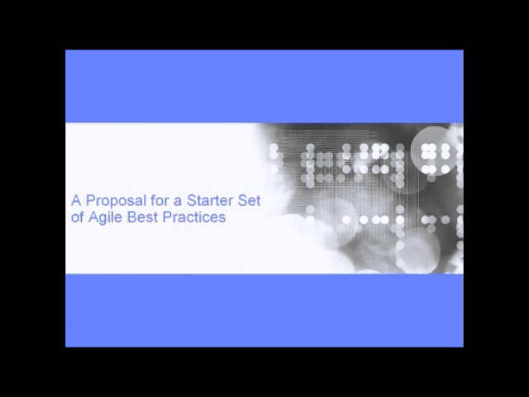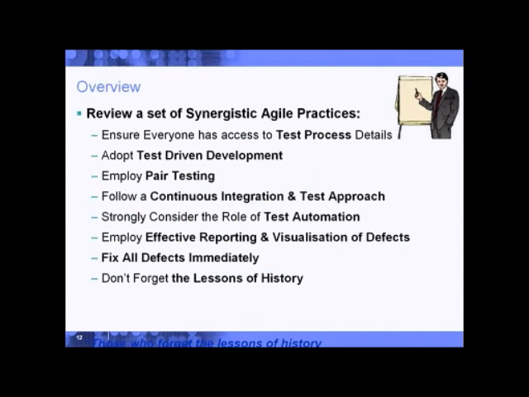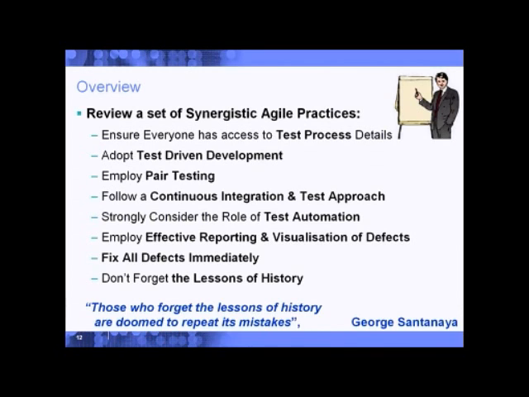And on that subject, let's focus in on looking at the starter set of best practices. As we've mentioned, these are kind of foundation Agile best practices distilled out of the things that people were doing successfully on their projects. I can only list 8 here.